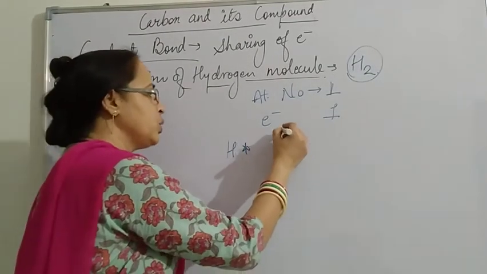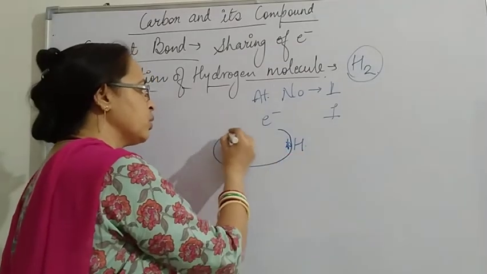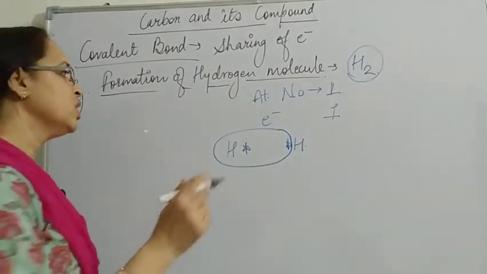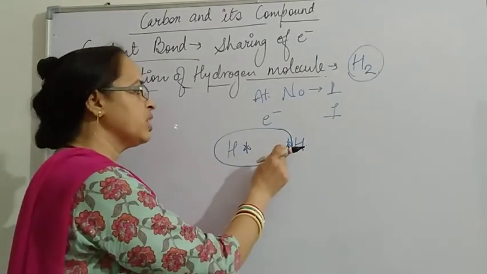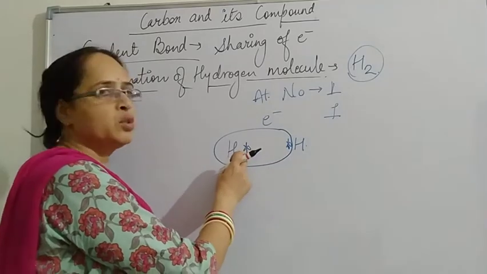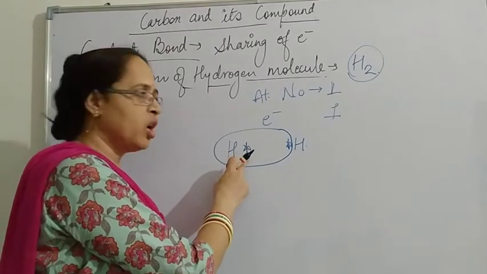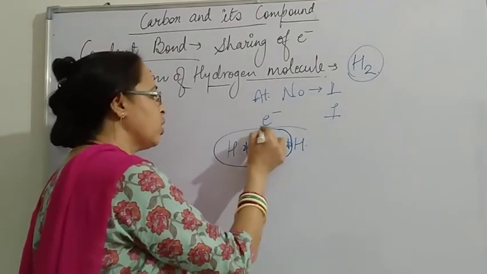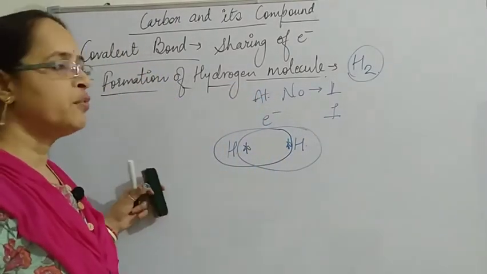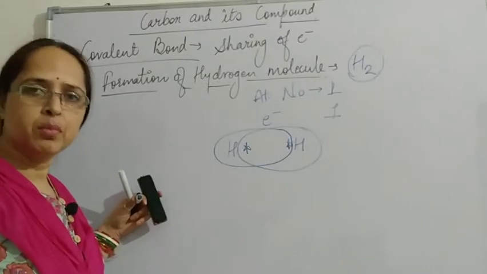To complete its first, outermost shell, it should have 2 electrons. So this hydrogen shares the electron of the second hydrogen and has 2 electrons in its outermost orbit, and this hydrogen also shares its electron in the same way. Here it forms the hydrogen molecule.